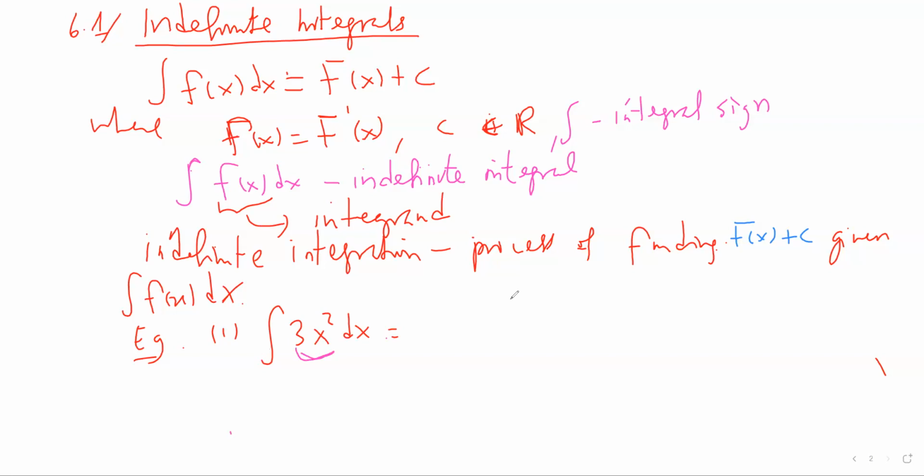So in that sense, you know that if you differentiate x cubed, you get 3x squared. Right, so that's how you have to think about this antidifferentiation.